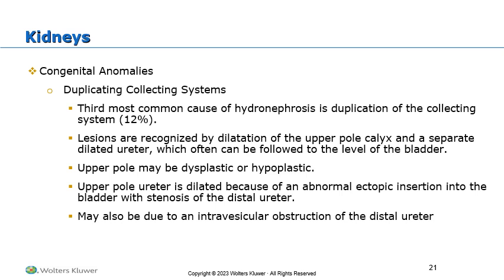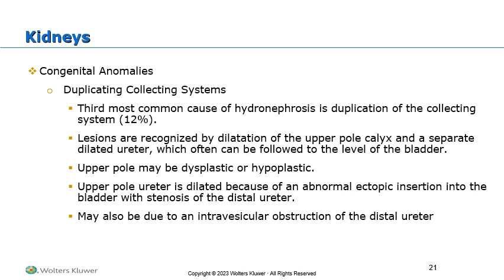Now, with these duplications, remember from our adult system, they can be just the renal pelvises are duplicated, or it can be a complete duplication where we have two renal pelvises in one kidney, we have two ureters, and those two ureters can either come together prior to their insertion into the bladder, or they can stay as separate entities and create two insertions at the bladder.